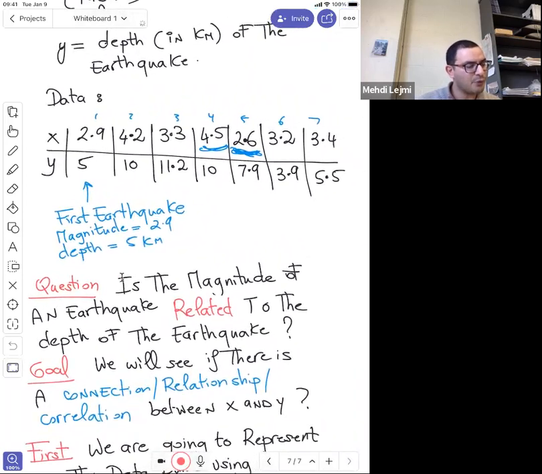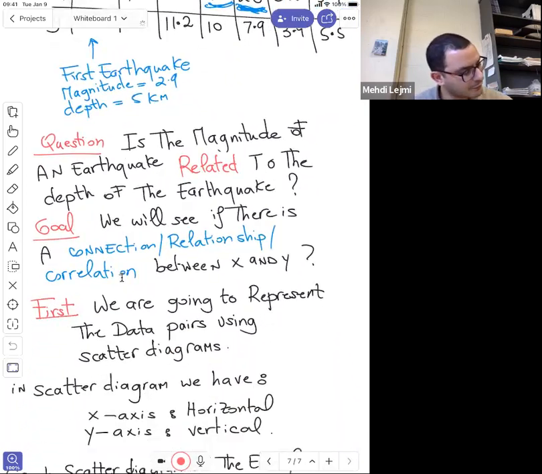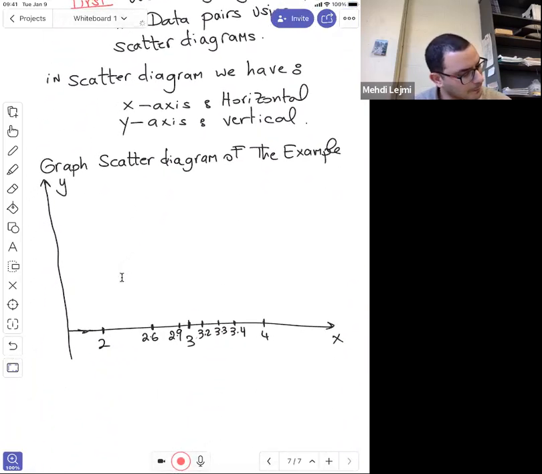Then we have 4.2 and 4.5. So all you have to do, guys, is plot the x's on this x-axis.